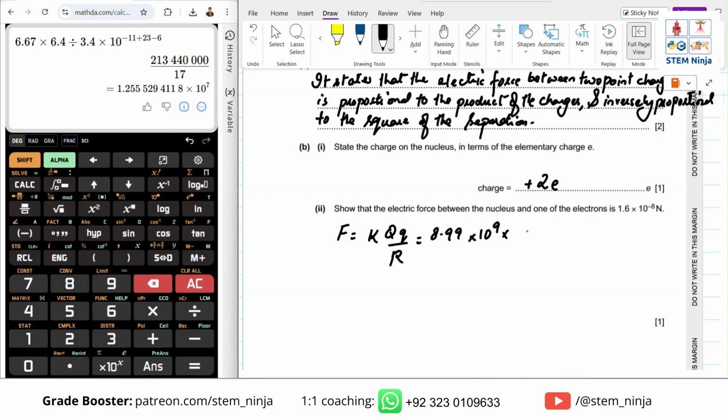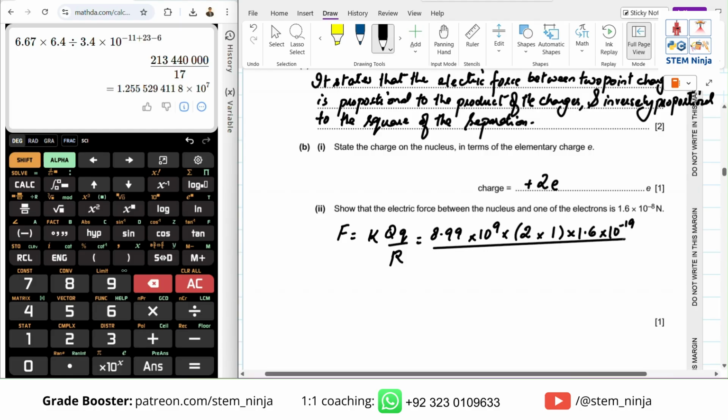Charge on the nucleus is 2, we will write the e later on. And charge on the electron is 1 times 1.6 times 10 raised to power minus 19. This is the fundamental charge.